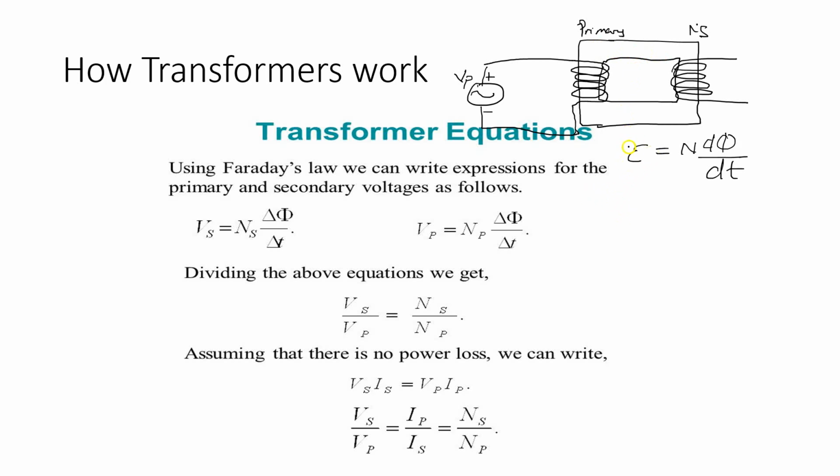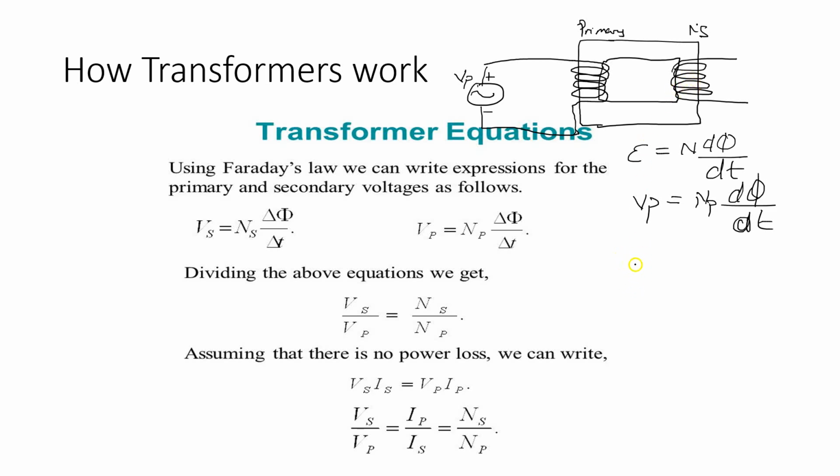Okay, so we could simply rewrite this to say that Vp is equal to Np, because on the primary there will be a set number of turns, times the rate of change of magnetic flux. Similarly, on the secondary end, you know that an EMF is going to be induced in the secondary coil. On the secondary side, there are Ns turns of wire, and of course, we said that the rate of change of magnetic flux will be the same.